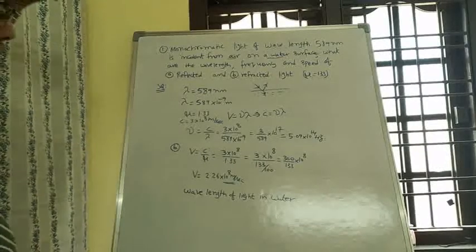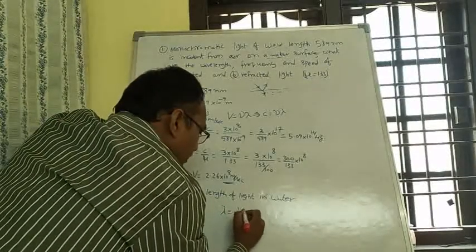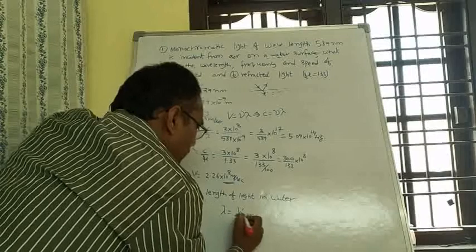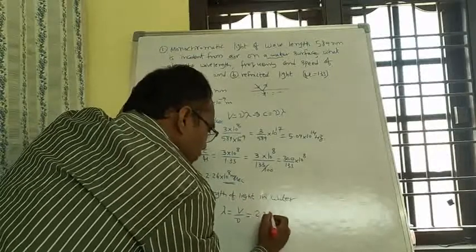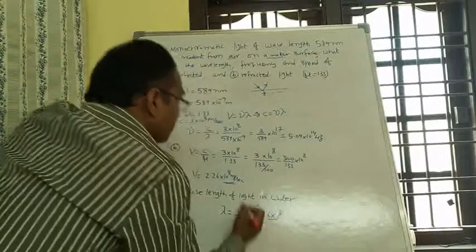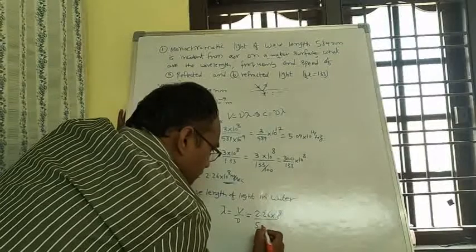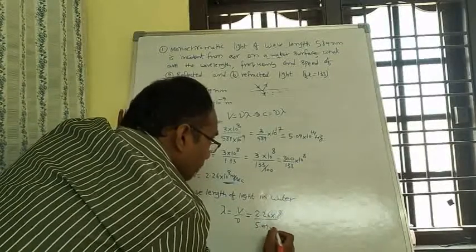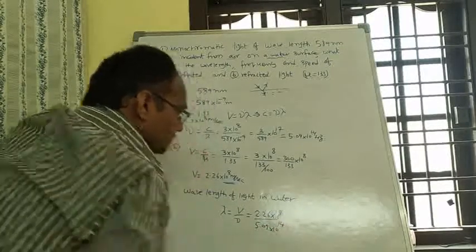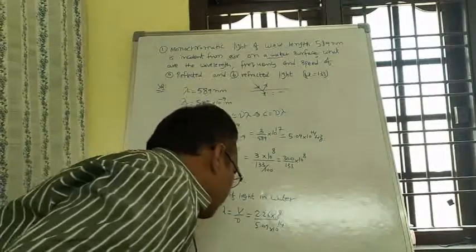The wavelength lambda is equal to v by nu. The velocity is 2.26 into 10 to the power of 8, divided by the frequency nu, which we calculated as 5.09 into 10 to the power of 14 hertz. So this is the wavelength we have to calculate.